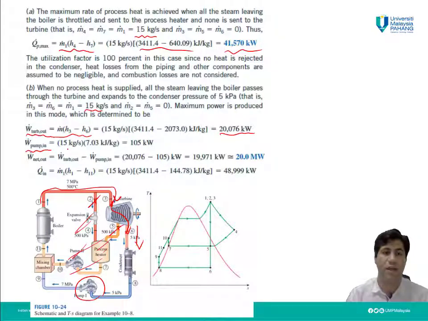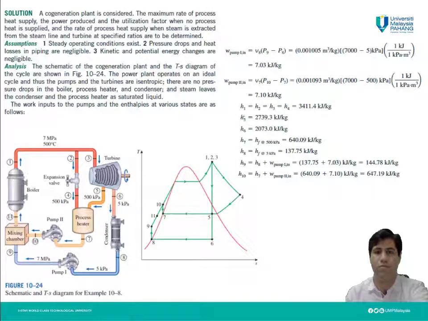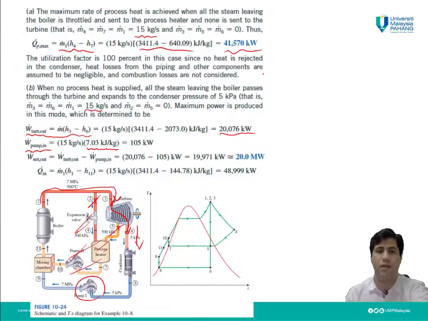For pump 1, we have already calculated W pump 1 in, so by multiplying the mass flow rate of the working fluid through the pump by the work in of the pump, we can calculate the power, W dot pump in, which is equal to 105 kilowatt, the power required for the pump.